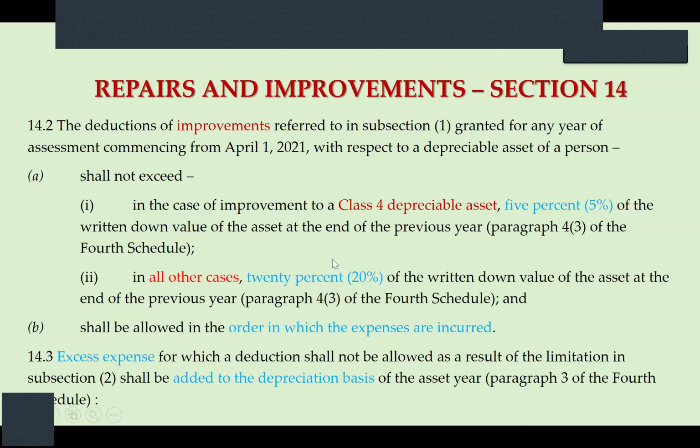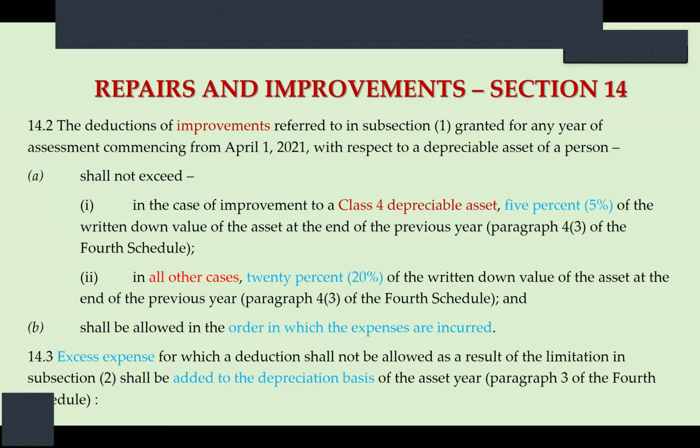In all other cases, 20% of the written down value of the asset at the end of the previous year shall be allowed in the order in which the expenses are incurred. So this is the provision given under section 14.